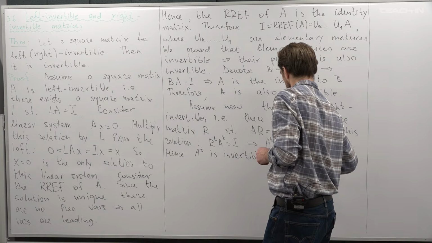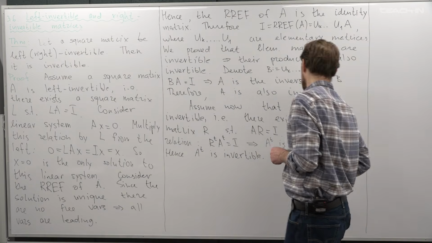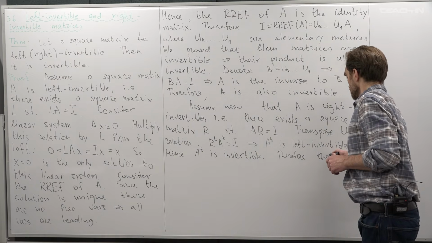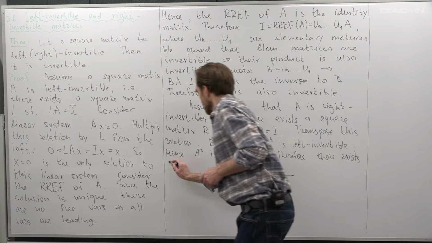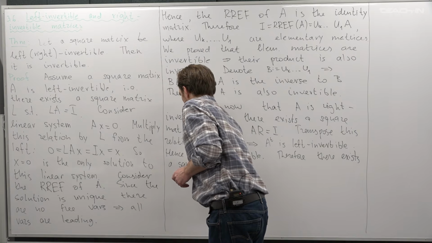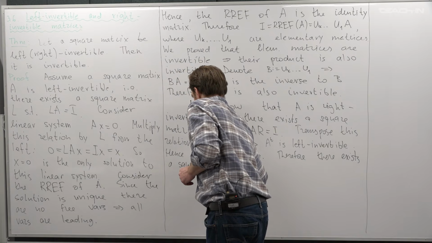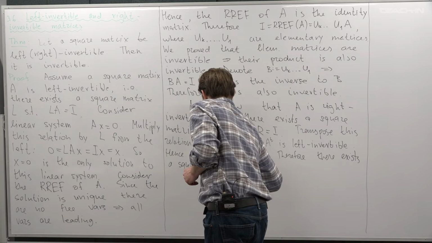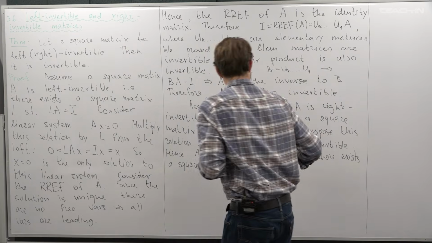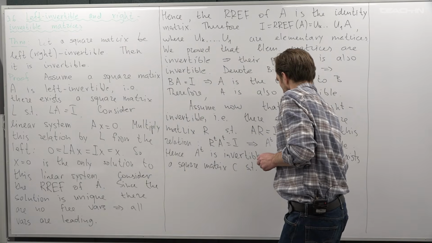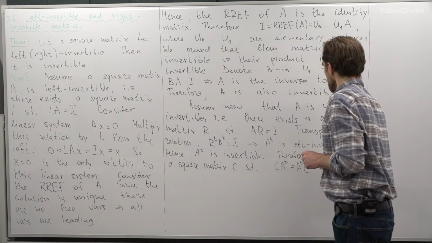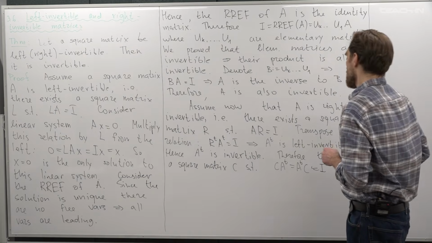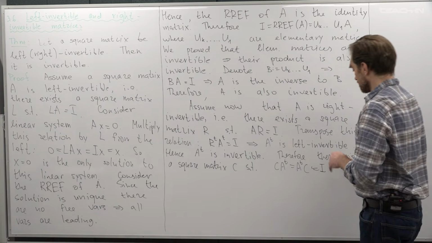Therefore, there exists a square matrix C such that C multiplied by A transpose equals A transpose multiplied by C equals the identity. And now I'm going to transpose this relation once again.